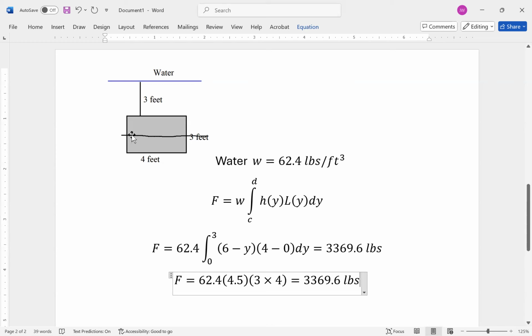So essentially, what we're looking at here is that the fluid force can be obtained by the integration, and it's the same fluid force that you would get as long as you essentially rotate this along the axis, which is like your center of mass axis. I won't get into that, but this is a center of mass idea.